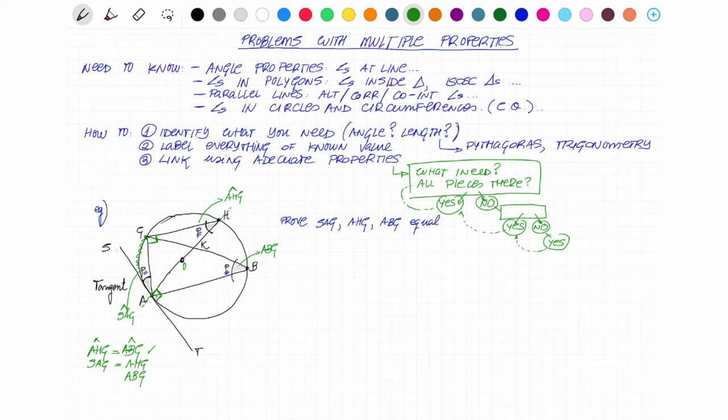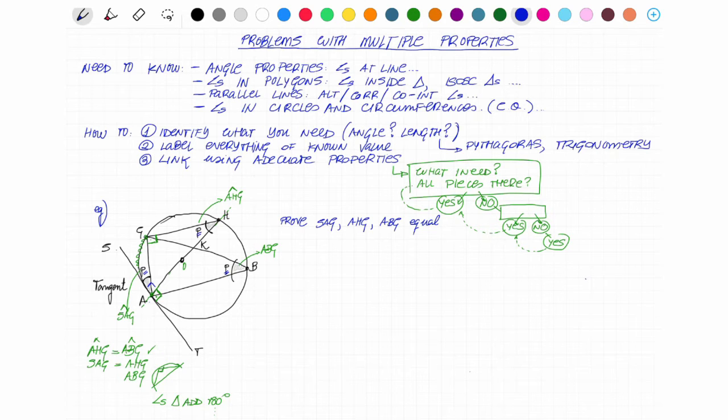So I need to prove that it's equal to one of them somehow, and then I will be sorted. And for that, I'm going to use the semicircle property that I see here in that side of the triangle. And I also know that angles in a triangle add to 180. So I will always be able to grab it from there.